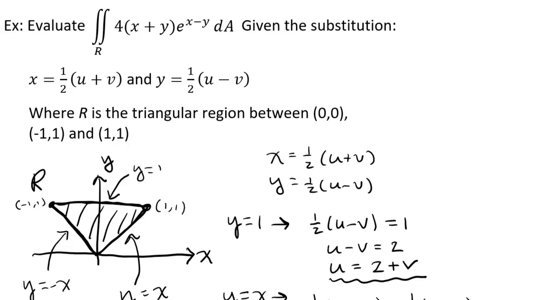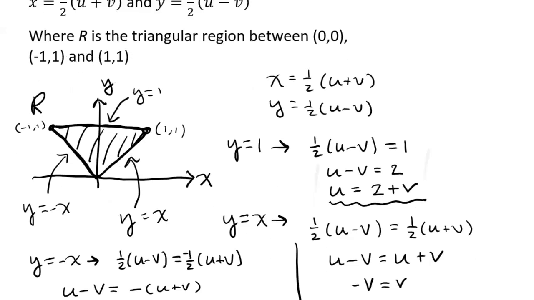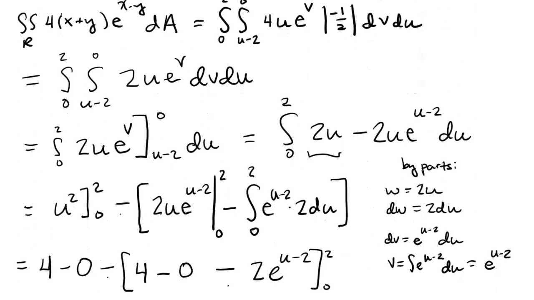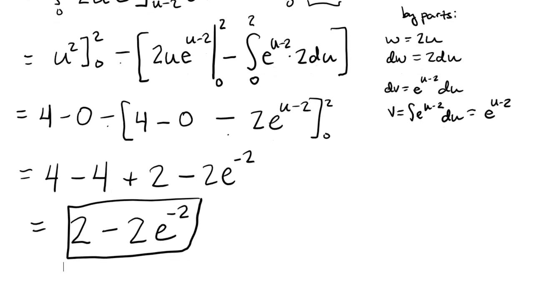Rather than having that x plus y times e to the x minus y, which would have been a very difficult integral to do, we ended up with just the integral of that 2u e to the v. And remember that we did have to incorporate that Jacobian factor in there, which even though we had to do it by parts, still was a fairly straightforward integral that we were able to finish out here.